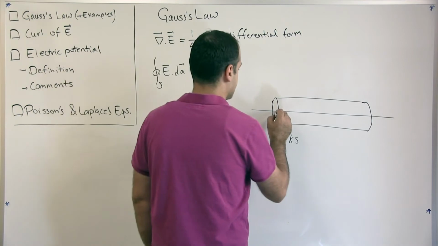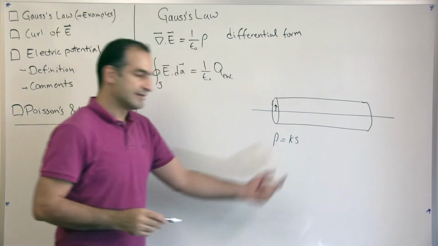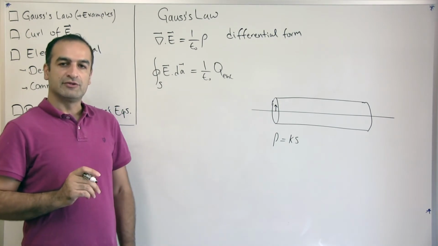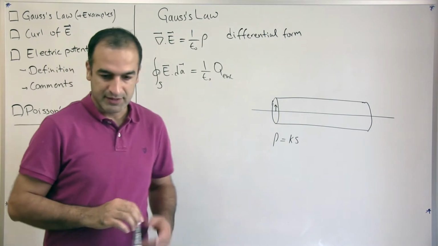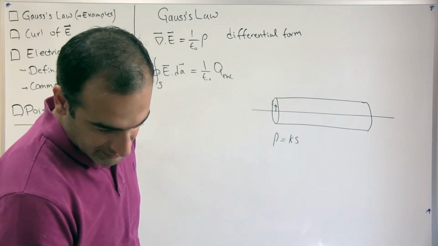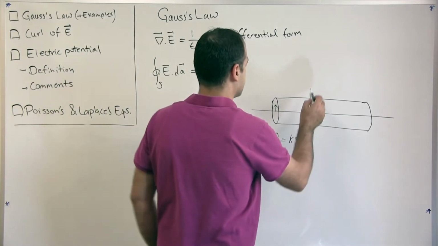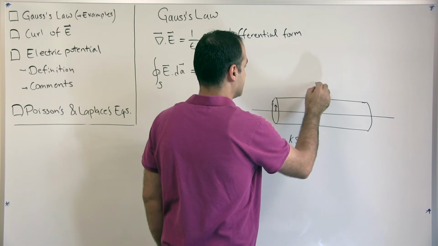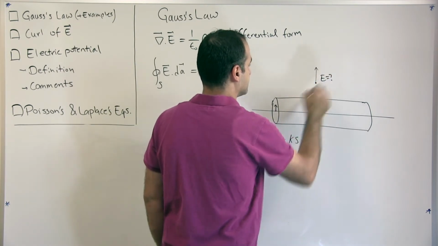So if you're sitting at a distance S from the center, the volume charge density is rho equals K times S, okay? So the question asks, what is the electric field outside? We can also calculate the electric field inside the cylinder. Okay, so E, here is the question.